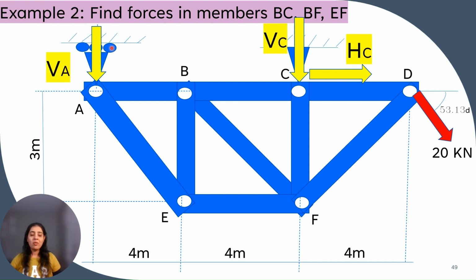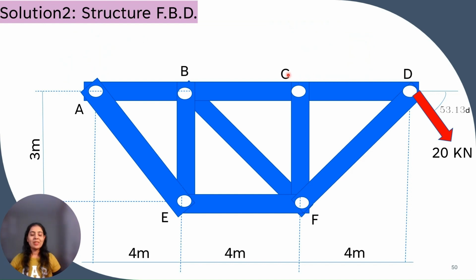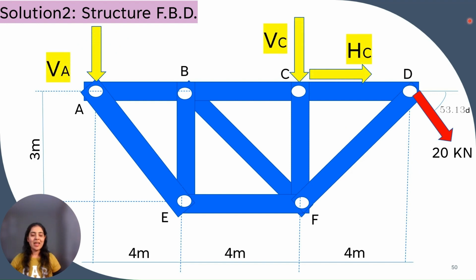Roller support will offer one reaction perpendicular to the roller, and the pin support will offer two reactions, one horizontal and one vertical. So this is the structure FBD. Reactions are shown.